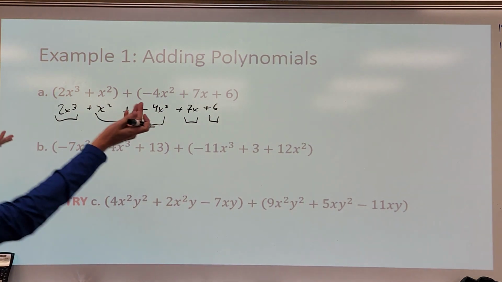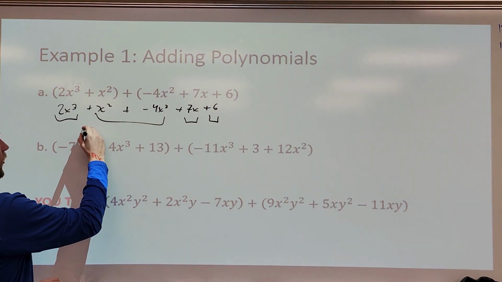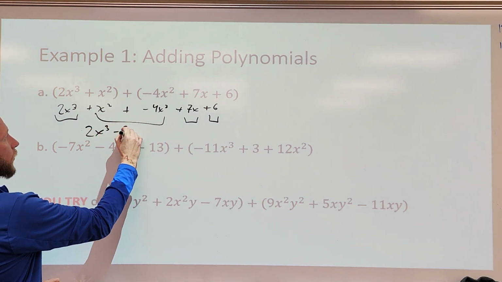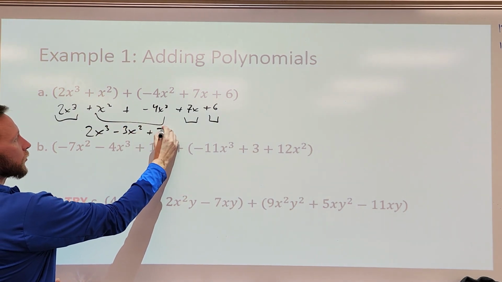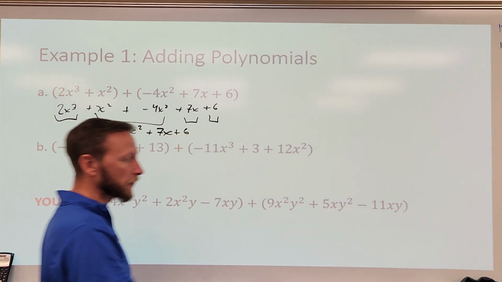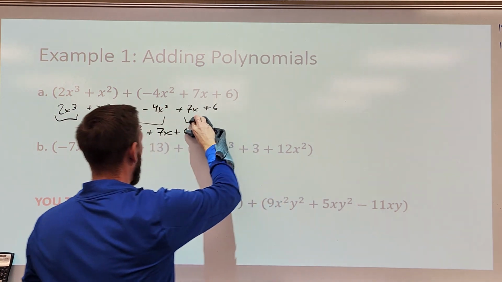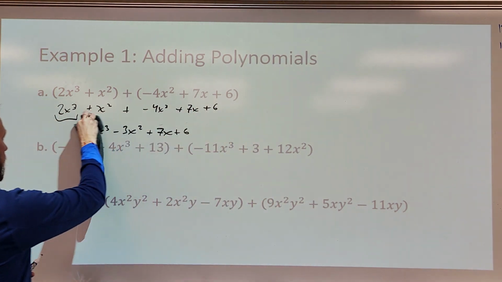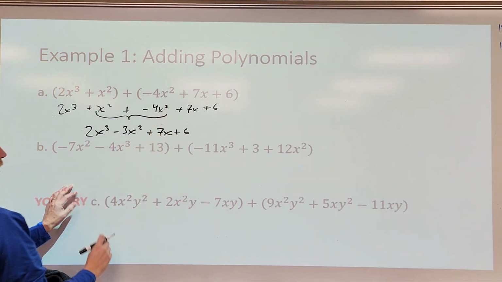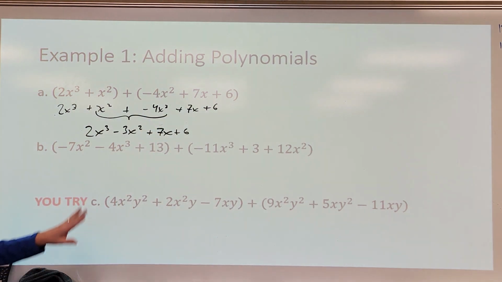These are already in order, which is pretty fantastic. So I can write this as 2x cubed minus 3x squared plus 7x plus 6. This is the simplified form after we have combined the like terms: the 1x squared and the negative 4x squared together make negative 3x squared.